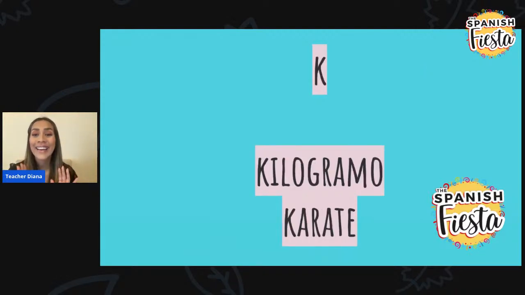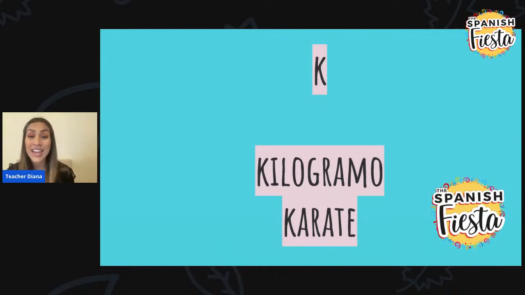Okay? K. When in English you say certain letters like K, Q, or P, we can feel a puff of air coming out of our mouths. Place your hand in front of your mouth and feel that air. Well, that does not exist in Spanish.